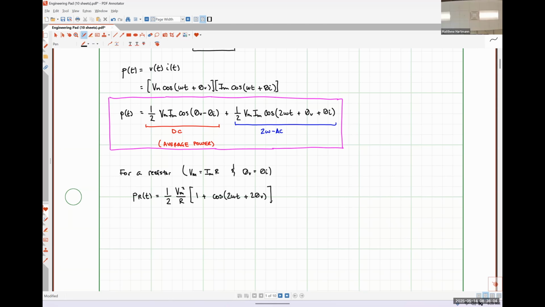So that's our expression for the instantaneous power absorbed by a resistor only in terms of the resistor value itself, as well as the phasor voltage across the resistor.